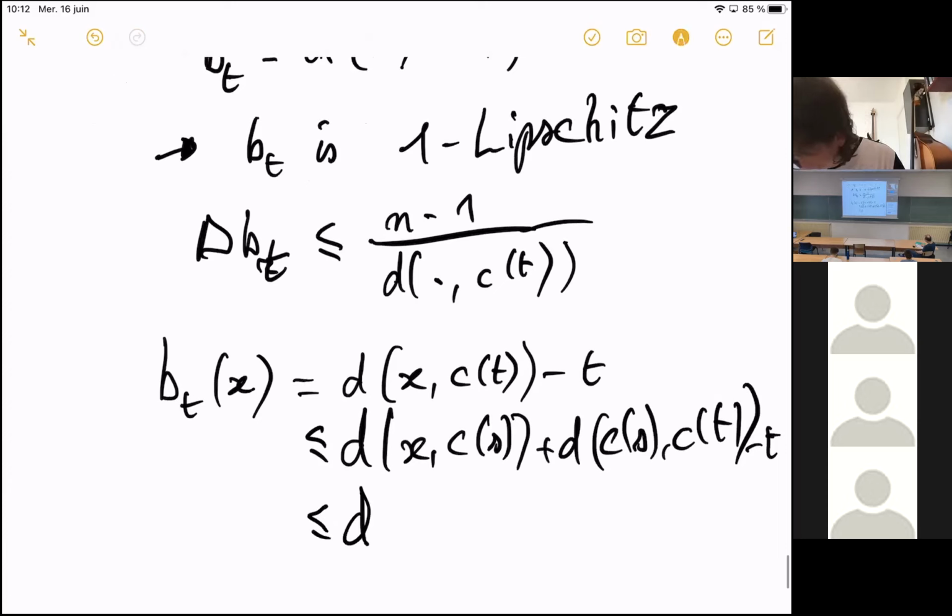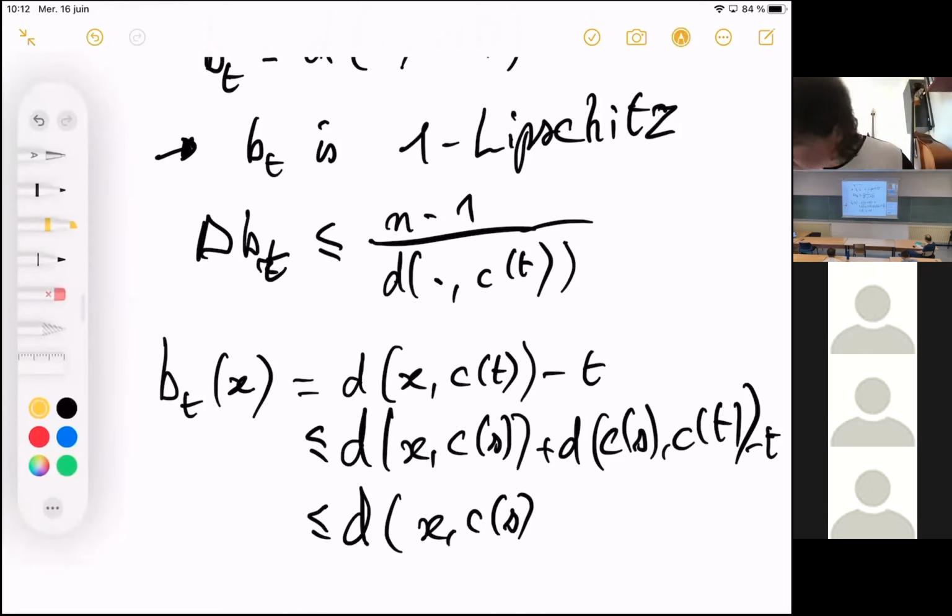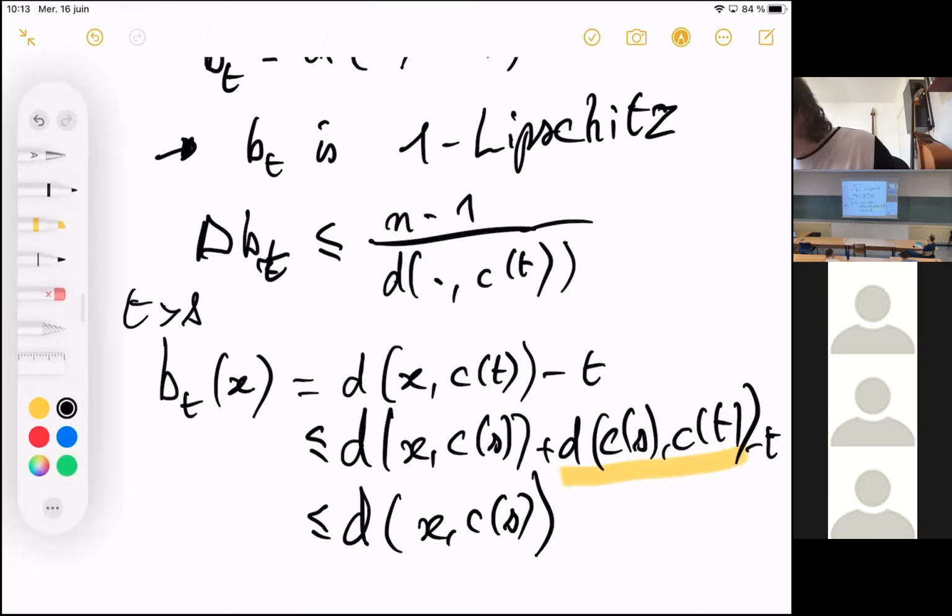This will be equal to d of x, C of s plus t minus s, since C is a ray. Here I use that C is a ray. Assume t is bigger than s. So this will be t minus s, minus t. And this will be B_s of x.